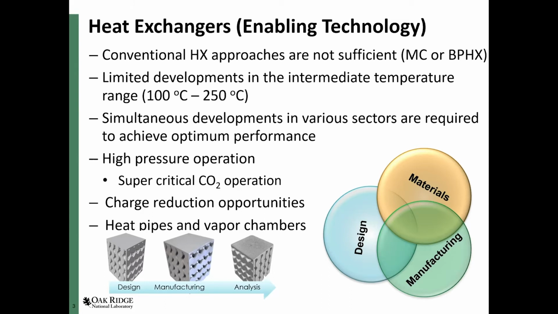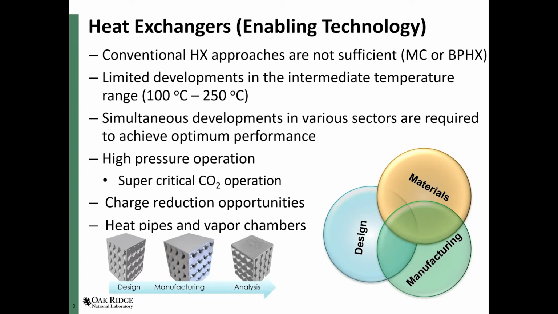When we consider the heat exchanger design, it has to be really based on the specific application, and we have to consider all aspects, such as design, material, and manufacturing process, in order to get a cost-effective and efficient solution. Low pressure, well, there are obviously systems which can operate at low pressure. The conventional heat pumps for water heating and air heating have been using round tube fin heat exchangers.